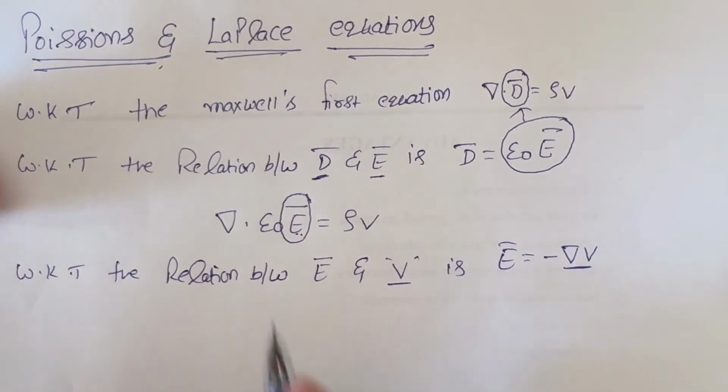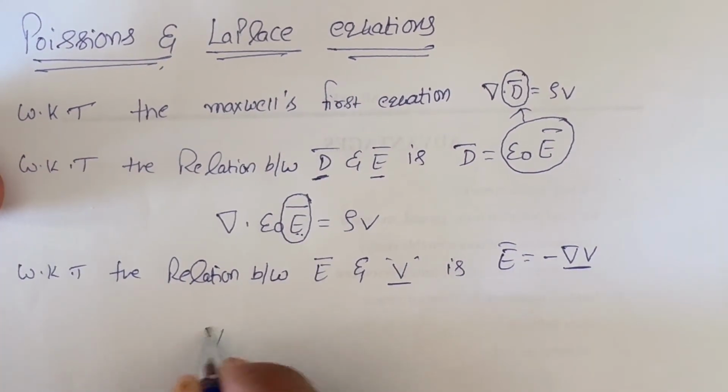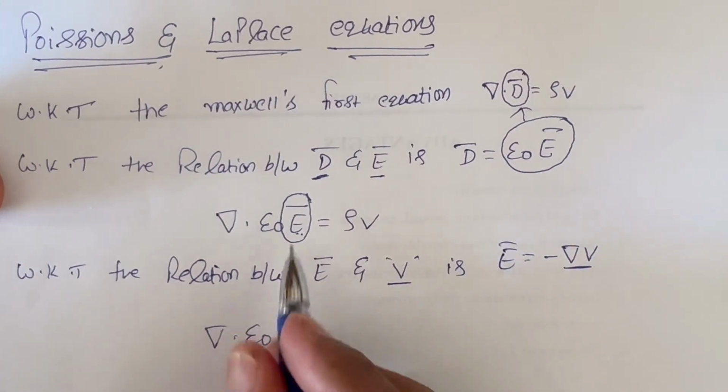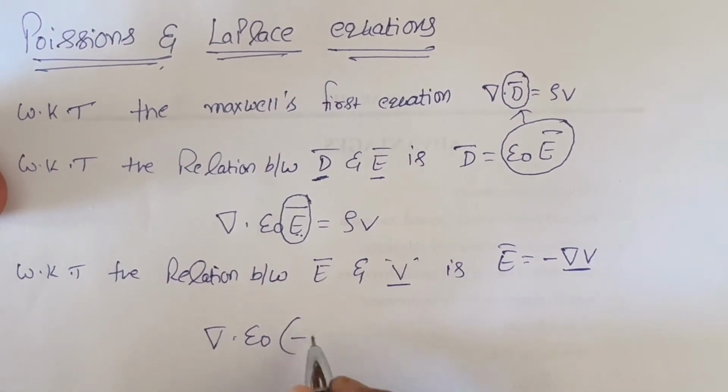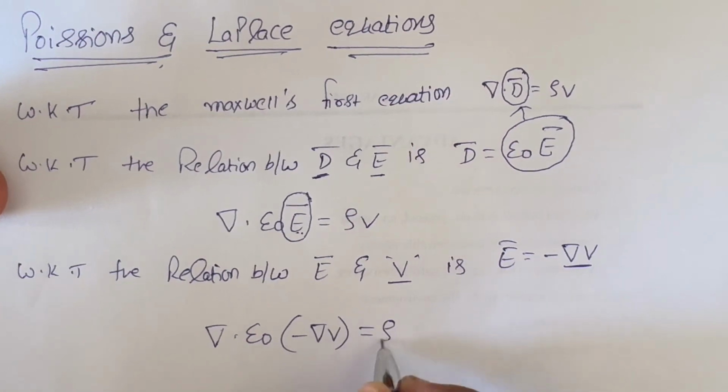So I am getting del dot epsilon naught, instead of E bar, minus del V equal to rho v.